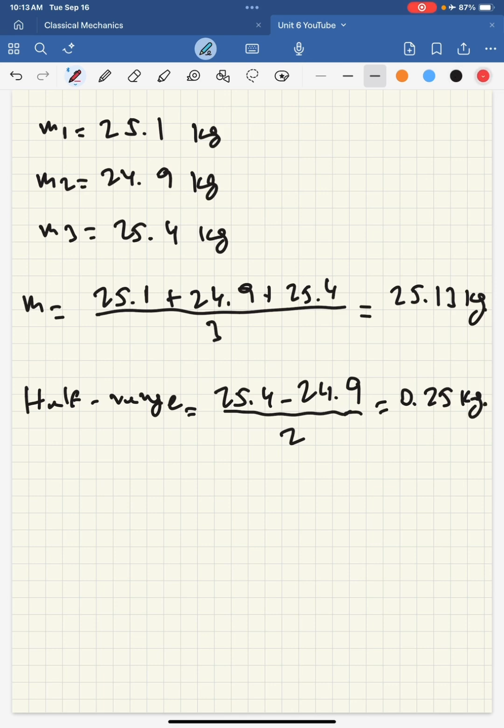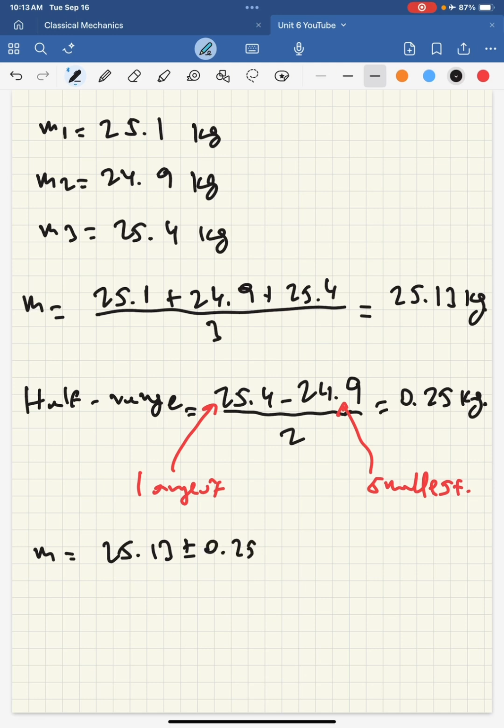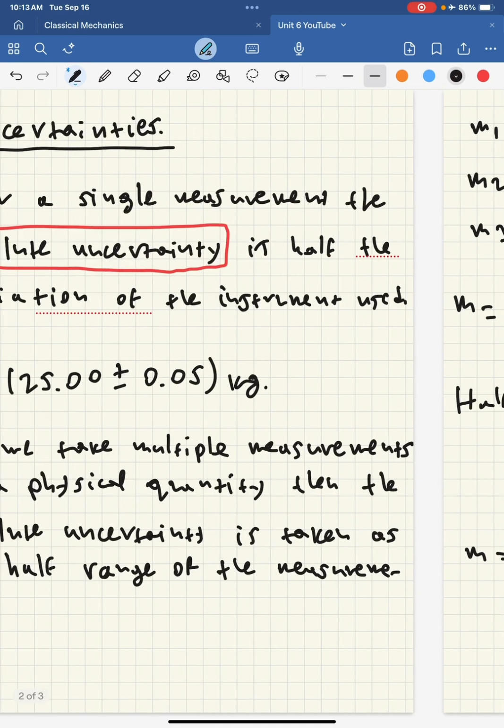And this is the largest, and this is the smallest measurement, okay? So in this case, the mass should be quoted as 25.13 plus or minus 0.25 kilograms, all right? And this is it for absolute uncertainty, okay?